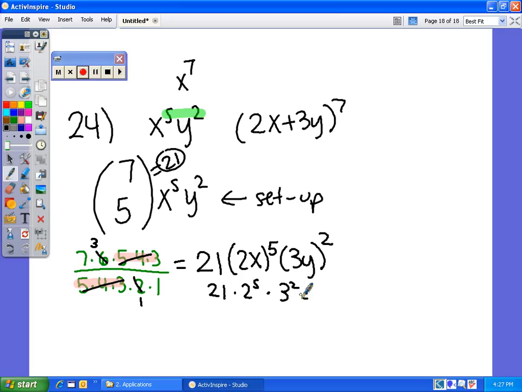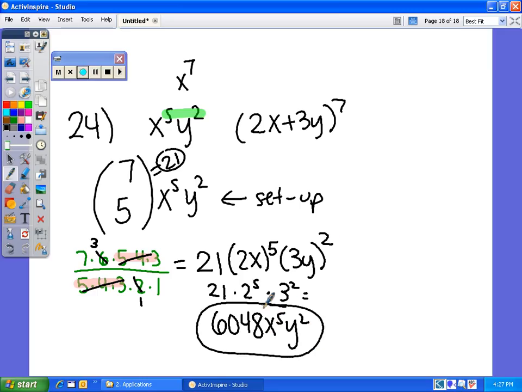So 32 times 21 is 672. And 3 squared is 9. So 672 times 9 is 6,048. And now I'm going to apply the x to the 5th and y squared. Now remember, if they ever ask for the coefficient, you're only including the first part, which is the number, and you're going to drop the variables.